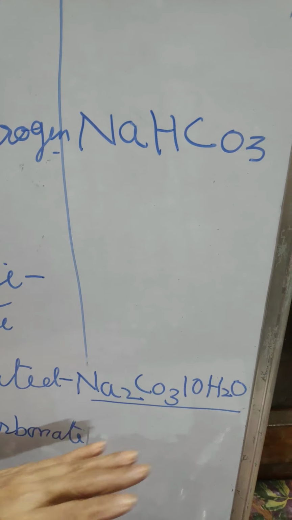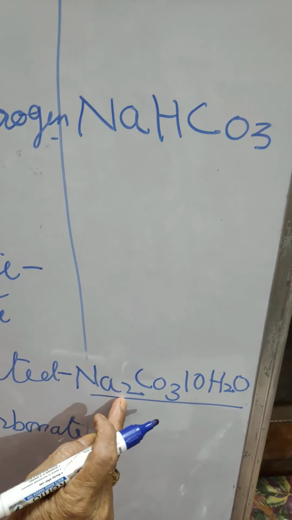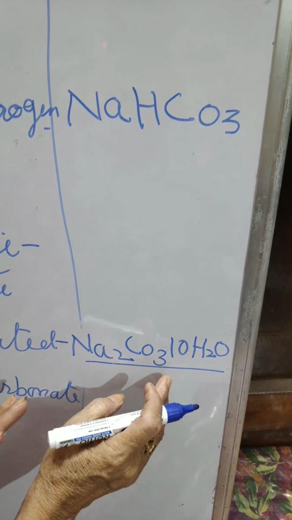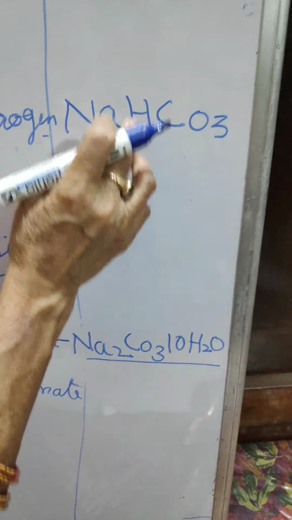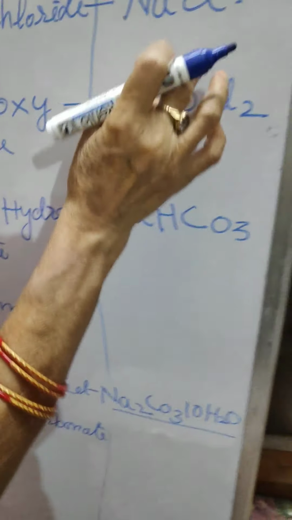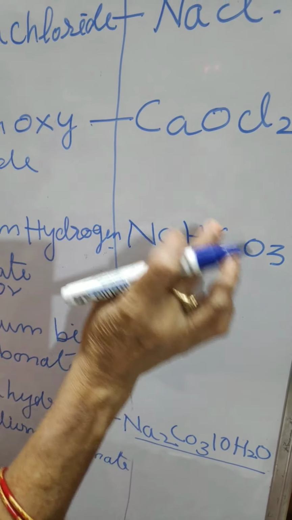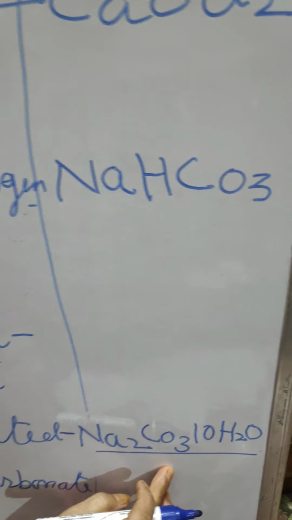Decahydrated. Why is it called decahydrated? Because this compound contains 10 molecules of water, and this type of compound is known as a hydrated compound. Compounds that don't have any water molecules are known as anhydrous compounds. Anhydrous compound and hydrated compound.